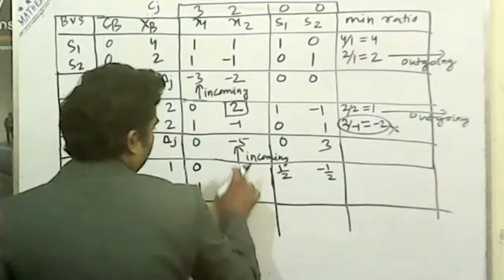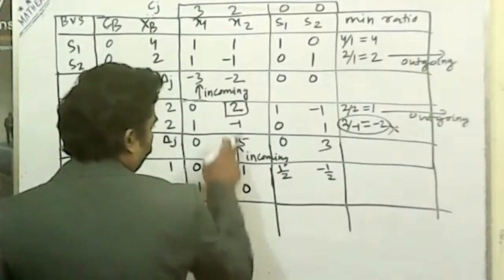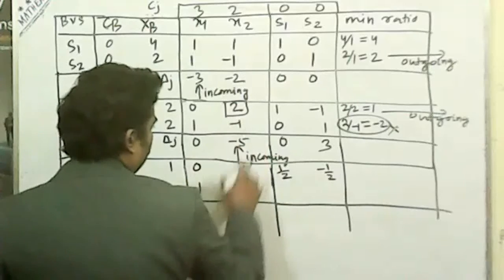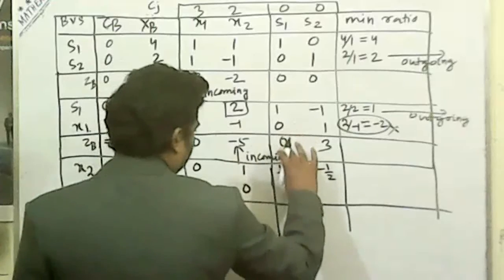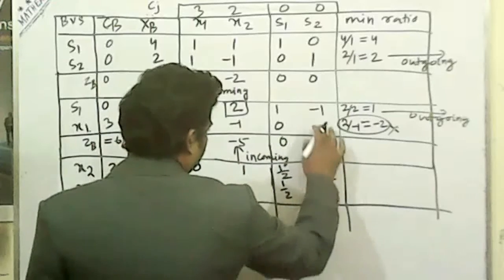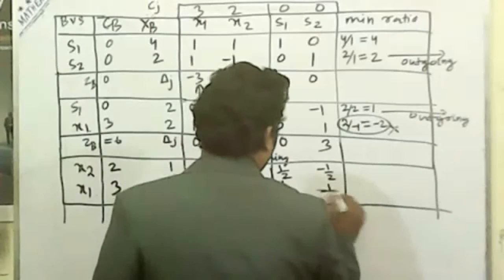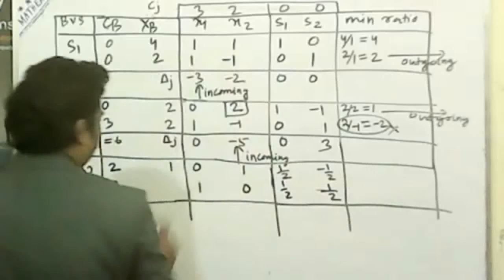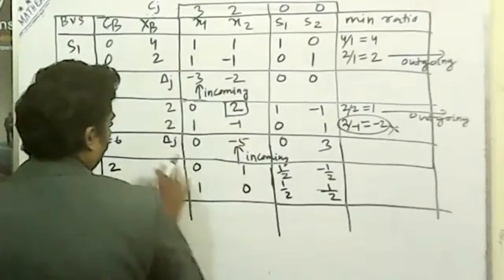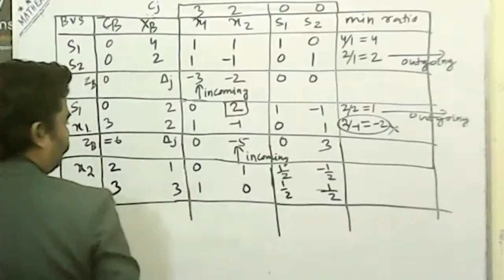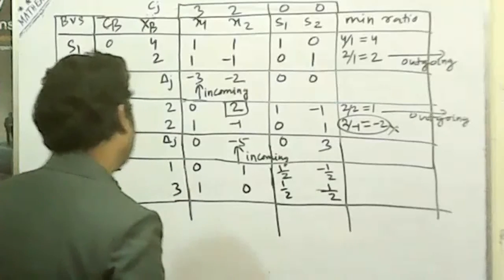So this value, added with this value, becomes 0. So that means it is 0. This is half. This is minus 1 minus half, that is equal to minus half. Now this is equal to 2 plus 1 that is equal to 3. So it goes to ZB.